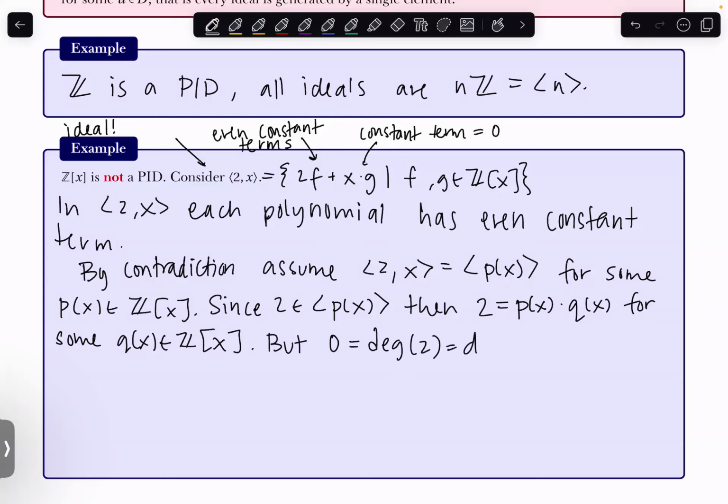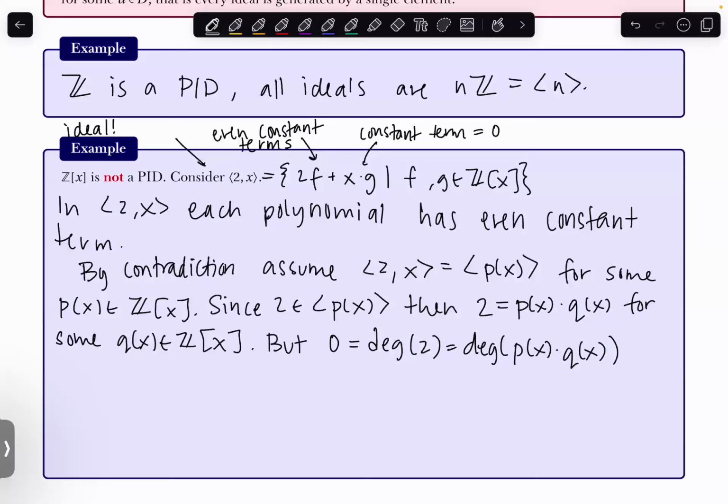And this is going to be the same exact degree as this product. Right, and neither one of these can be 0, or else it's telling me that 2 is equal to 0. That's technically true in Z2, but in this case I know neither one of these can equal 0.